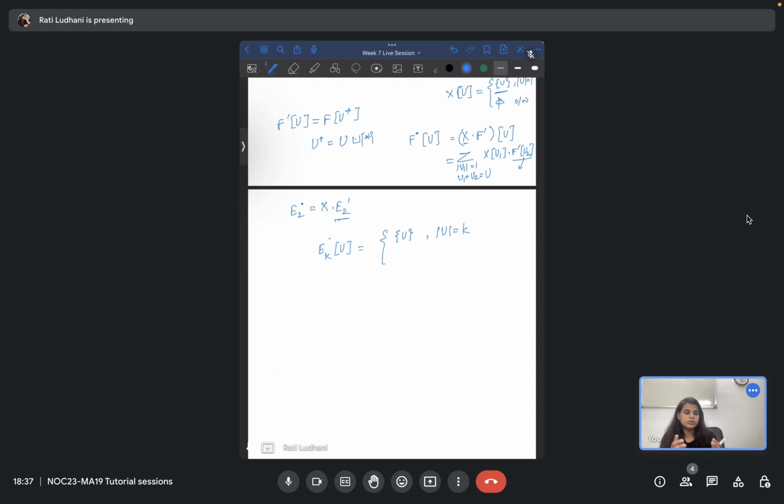Don't say set of U. This is the singleton set containing U. The cardinality is not equal to the cardinality of U, because for example, if U is this, then this set is just 1 2 3. So this is just a singleton set.